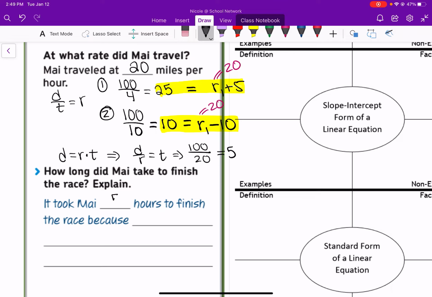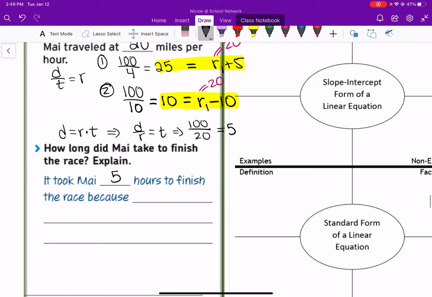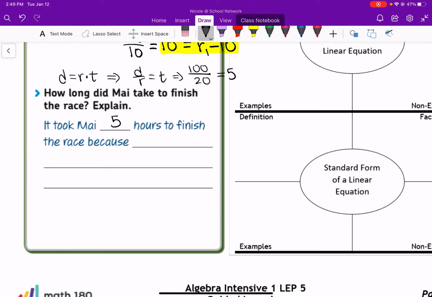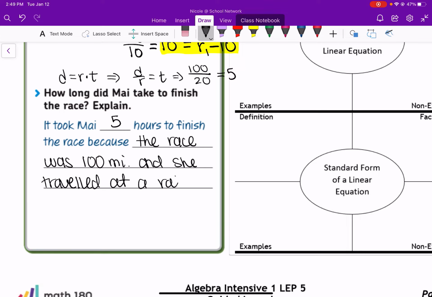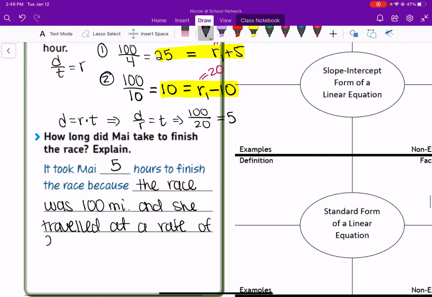So it took 5 hours to finish the race because the race was 100 miles and she traveled at a rate of 20 miles per hour.